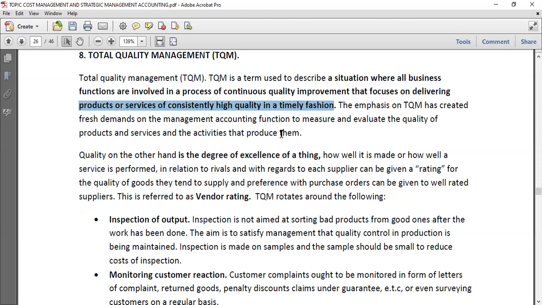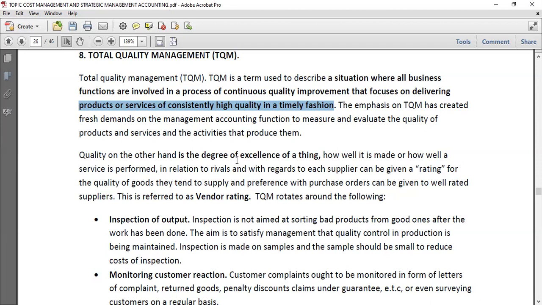Okay, for you to have quality, you have to go with a high input cost. So that is why it has brought about the fresh demands for the management accounting function to continue to measure and evaluate the quality of products and services. Okay. Yeah. So of course, like I indicated, these ones work hand in hand with the just in time process.